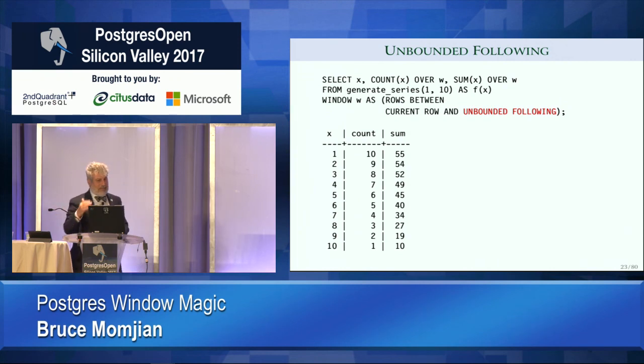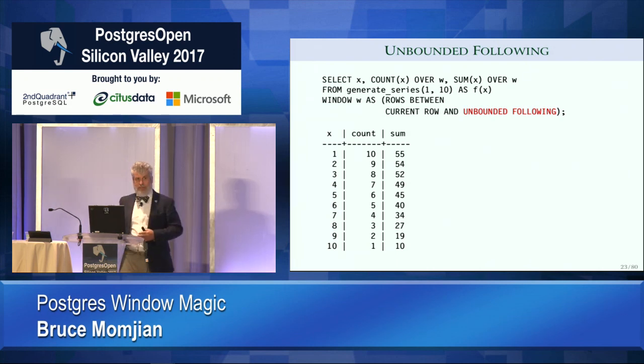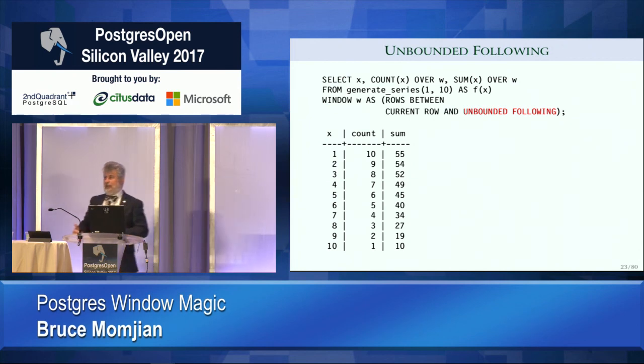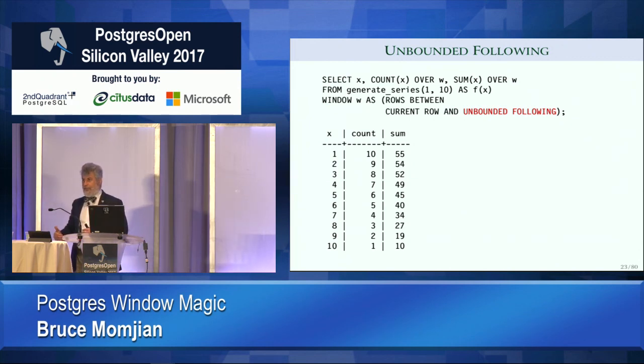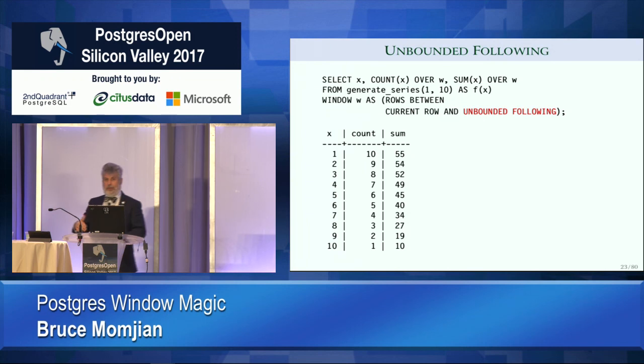And here, this is kind of interesting. The first row is 1 adding all the way to 10. The second row is 2 adding all the way to 10. The third row is 3 adding all the way to 10, and so forth. So I basically flipped it around by saying current row and unbounded following. I'm now flipping it going the other way.